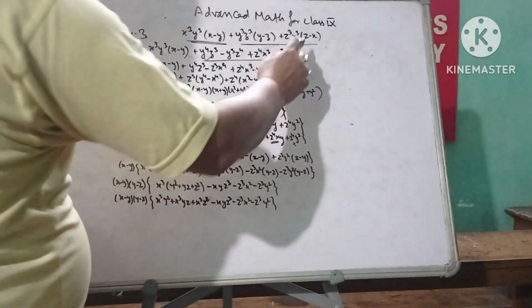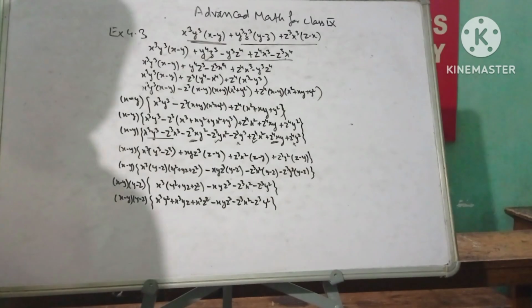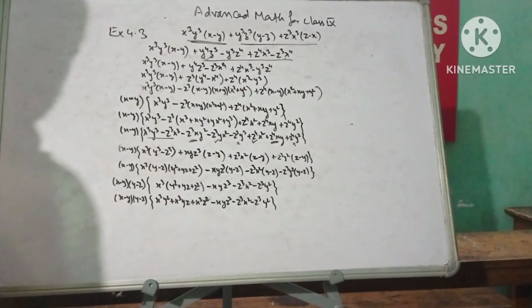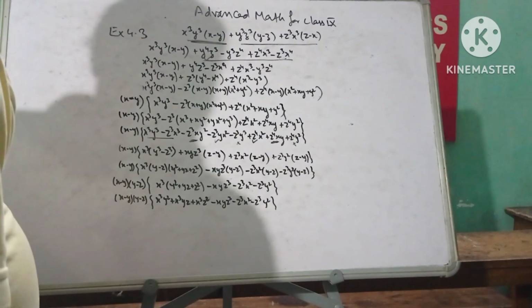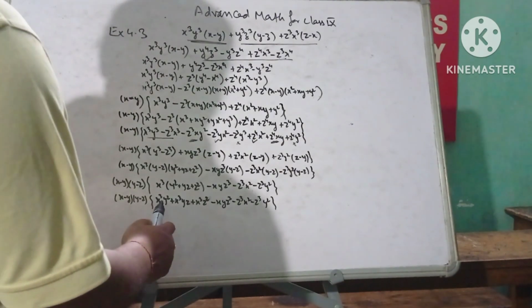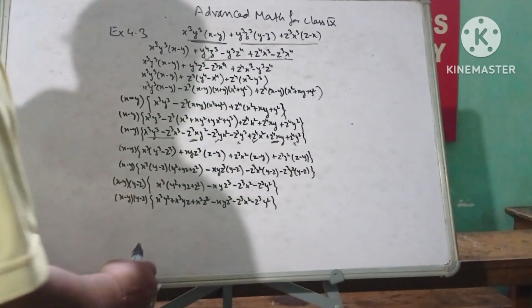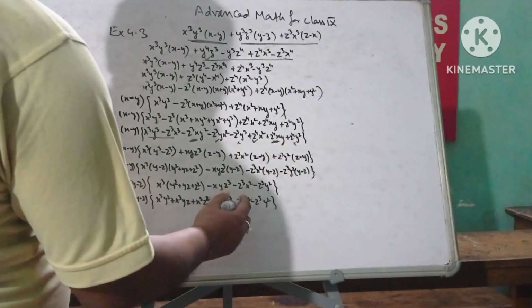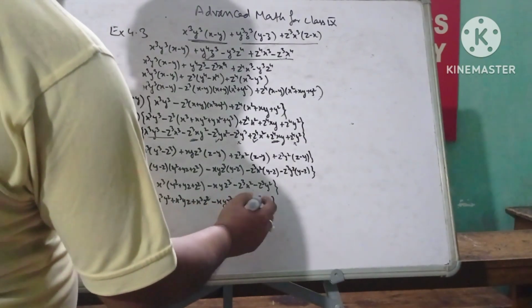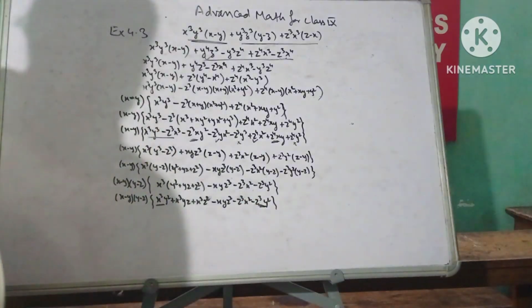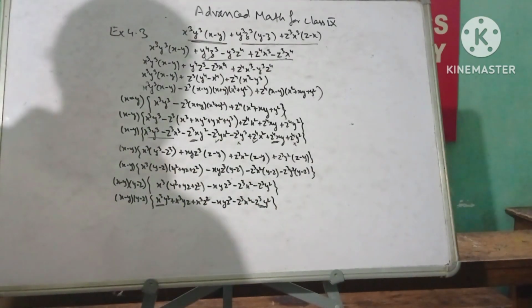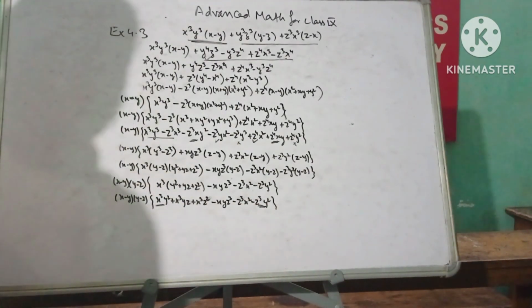Now I am going to search z minus x. So z minus x here, z minus x. This term and this term, if you take y square common, you are going to get z minus x.